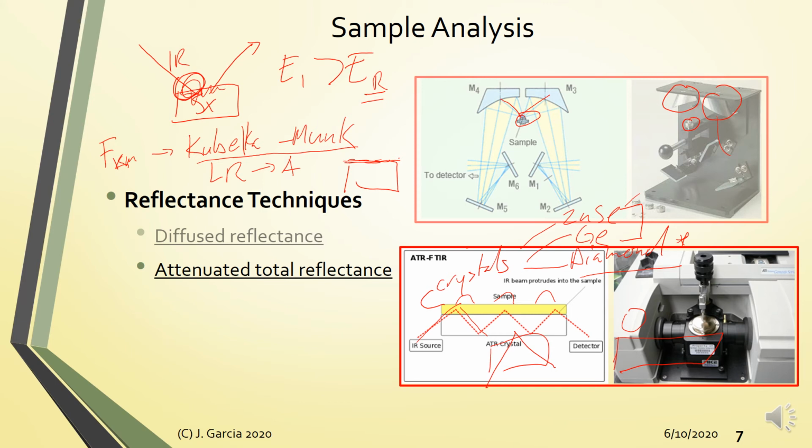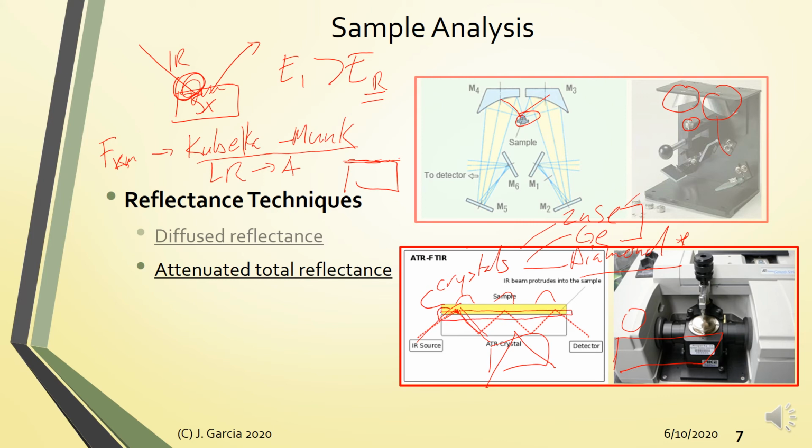Now in the presence of the sample, some of the infrared radiation will actually penetrate the sample before bouncing back inside the crystal. The depth of penetration is around 0.25 microns. That is why ATR is considered a surface technique, because if you have a non-homogeneous sample, the IR spectra that you're collecting is just for the immediate surface, the one nearest the crystal.